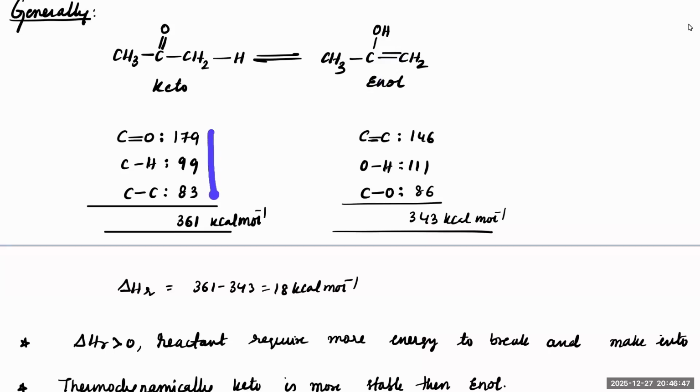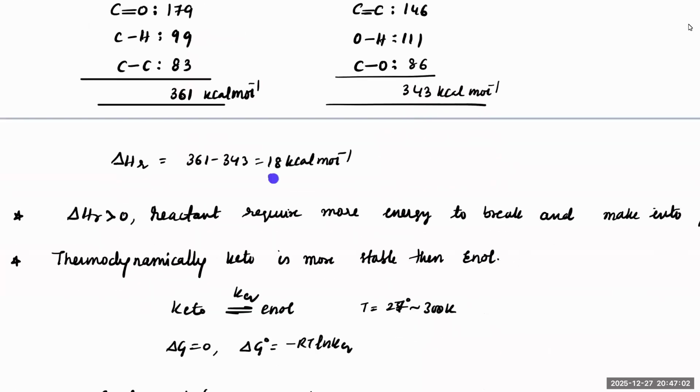If I add the bond energies on the left hand side and on the right hand side, you would notice that on the ketone side, you will require more energy as compared to the enol side, which presents the fact that ketones are generally thermodynamically more stable.